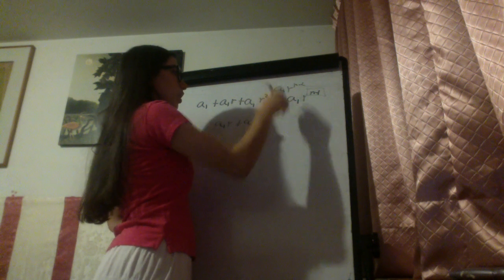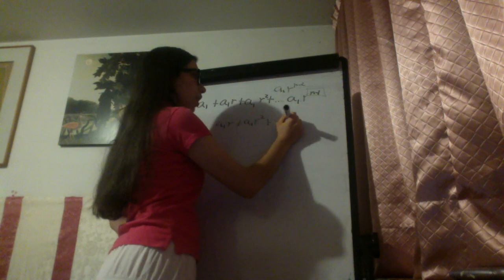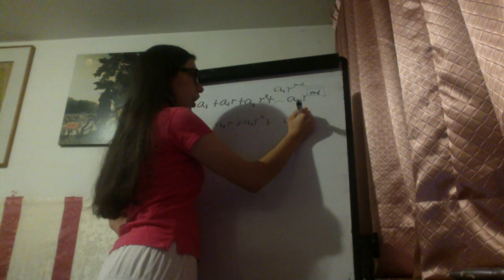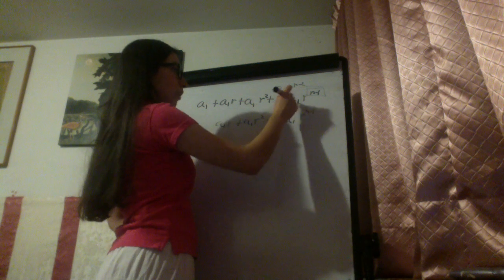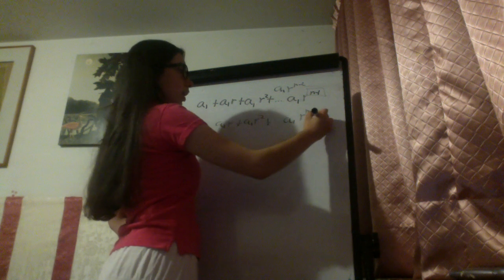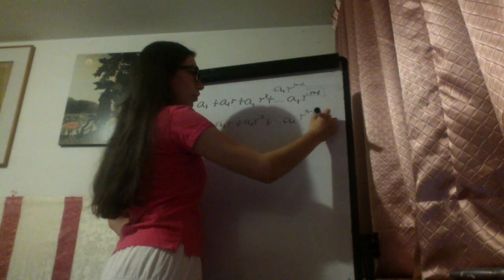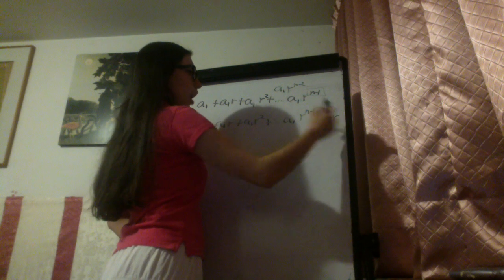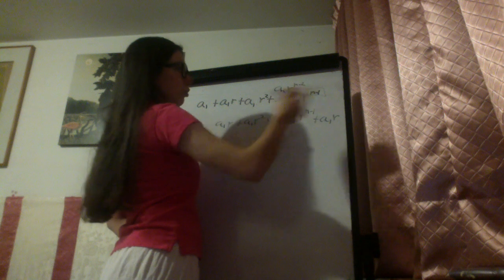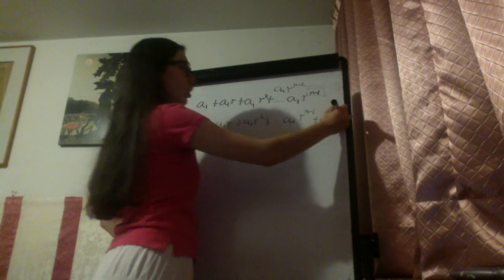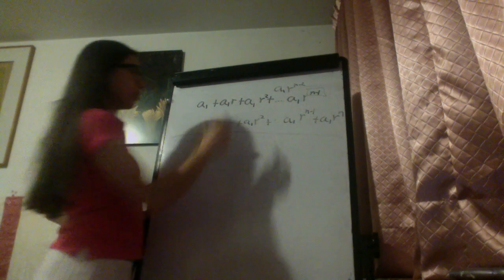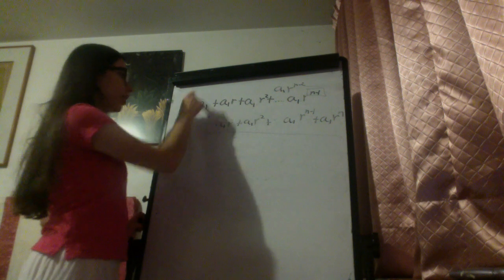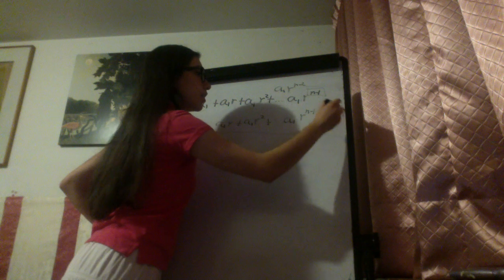When I multiply this times r, here I will have a1 r to the n minus 1. And when I multiply the last term times r, it will be a1 r to the n minus 1 plus 1, just r to the n. So all the terms are matching except the first and last term.